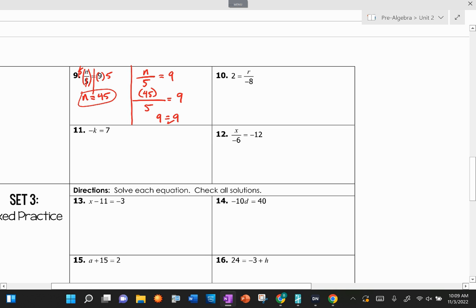And we'll talk about we do the same thing. So if you're multiplying or dividing by negative 1, you do the same thing. So then you've got 7 times. Just like that.